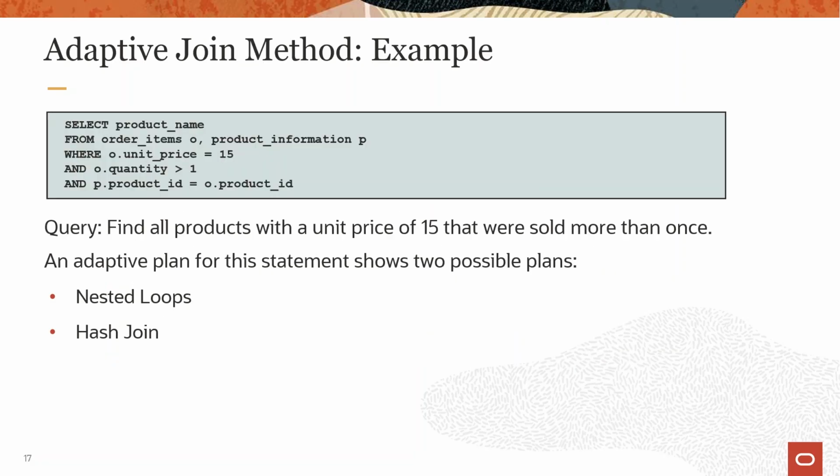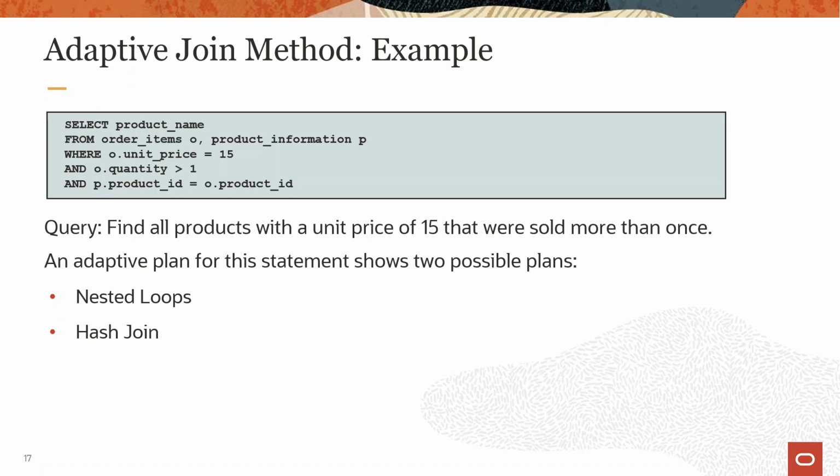Now let's say that you're going to execute this query where you're performing a join between two tables, and you want to find all products with a unit price of 15 that were sold more than once. If adaptive query optimization is active, the optimizer is going to consider two possible plans.